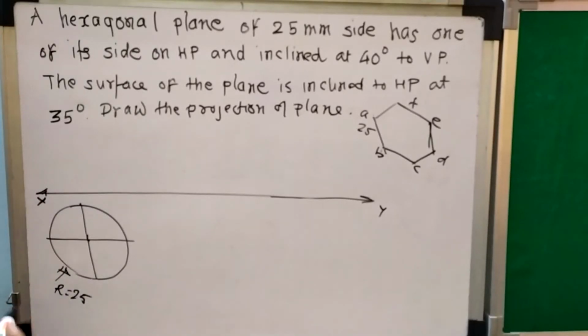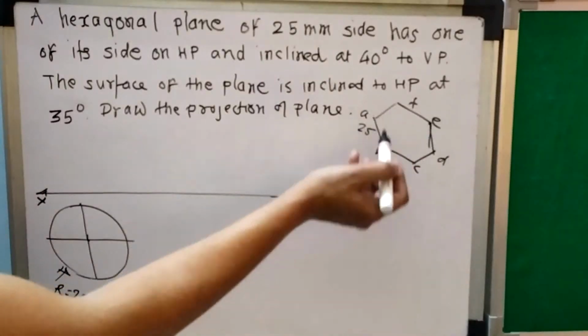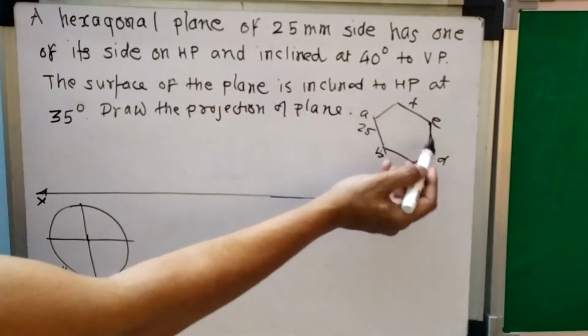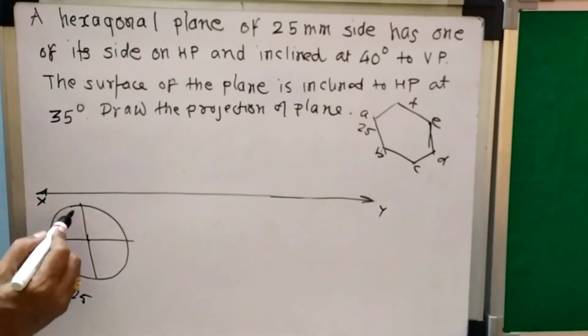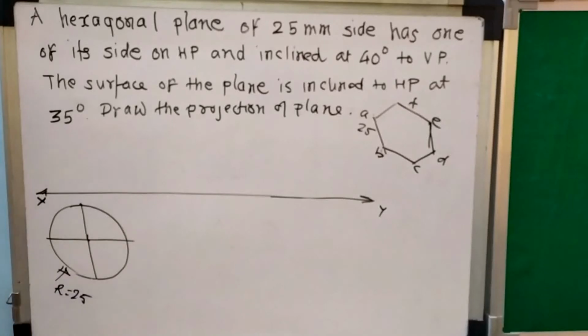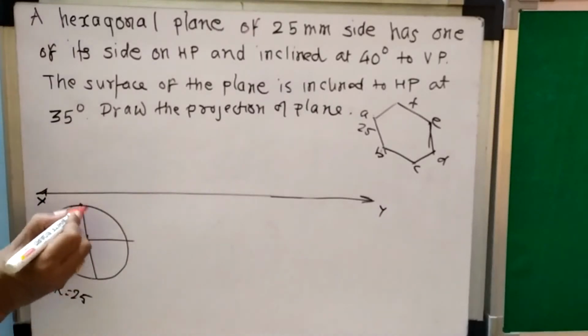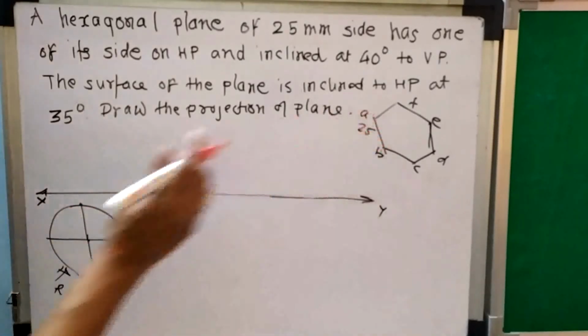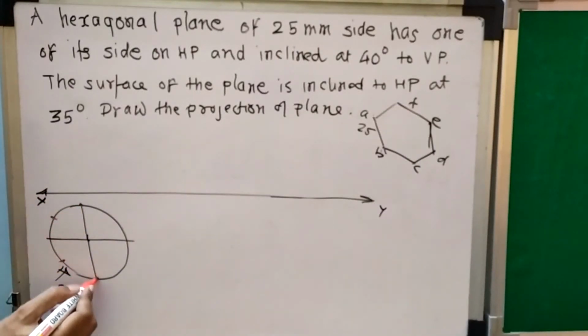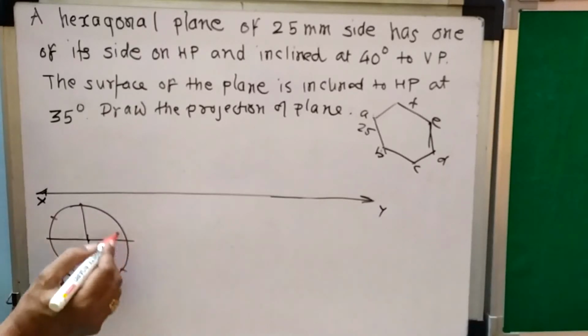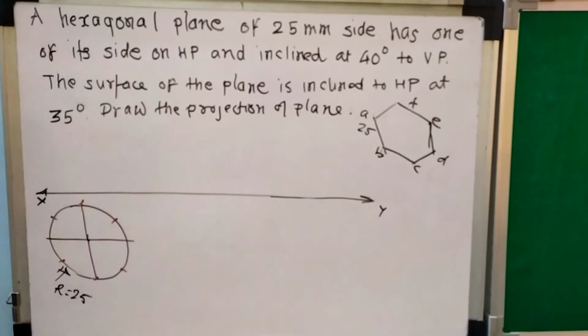Then I have to construct this hexagon with the AB side perpendicular. For that I have to start marking from this vertical diameter. From this I will take a distance in the compass equal to 25, and from this top point I will cut 1, 2, 3, 4, 5 and 6, to get a perpendicular side.